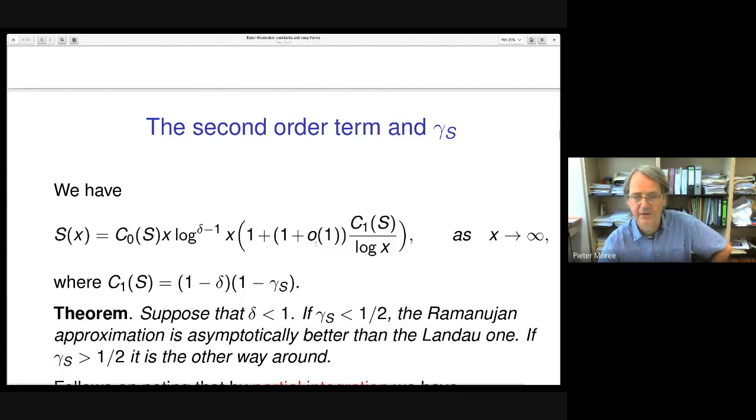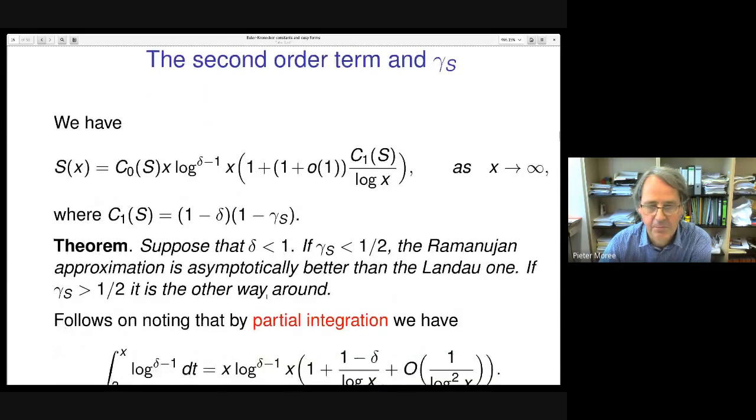But you can look at the second order term, which is of this form. And then it turns out that we have this constant, which is equal to 1 minus delta times 1 minus the Euler-Kronecker constant. So that's what the reality is in this case.